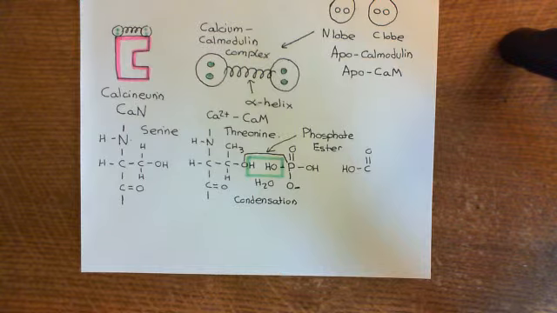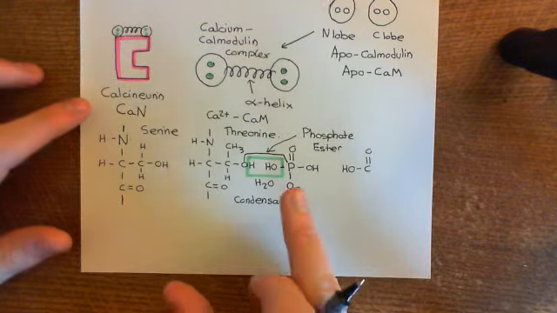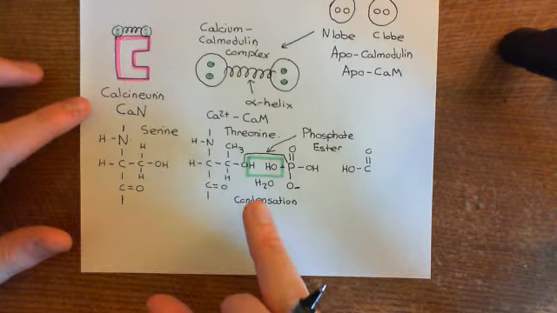So you can add phosphate groups onto serine and threonine residues within proteins, and this can modify the functioning of those proteins. Now calcineurin is not an enzyme which sticks phosphate groups onto serine and threonine residues.